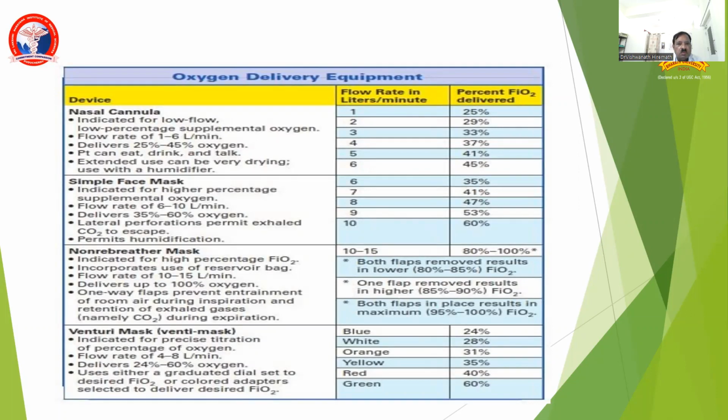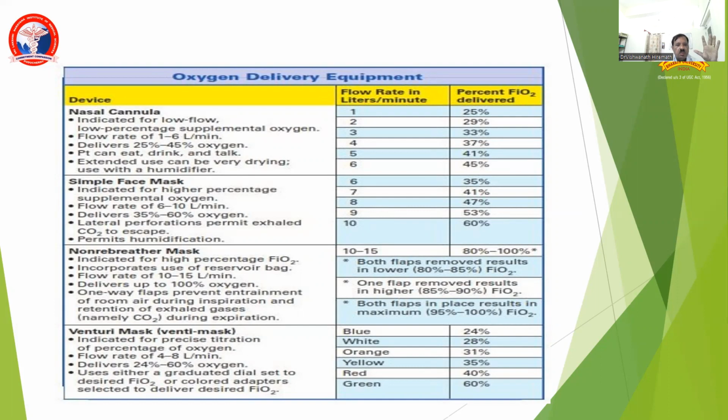So, to summarize, oxygen is essential whenever there is anoxemia or hypoxemia, and it should be used judiciously and depending upon the need.